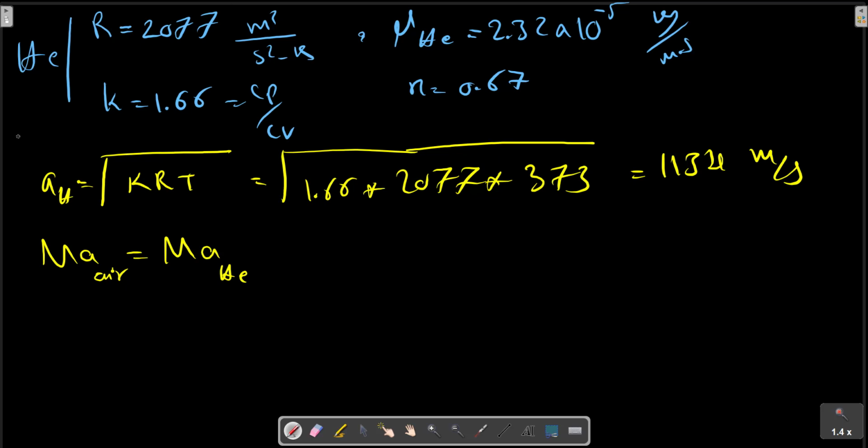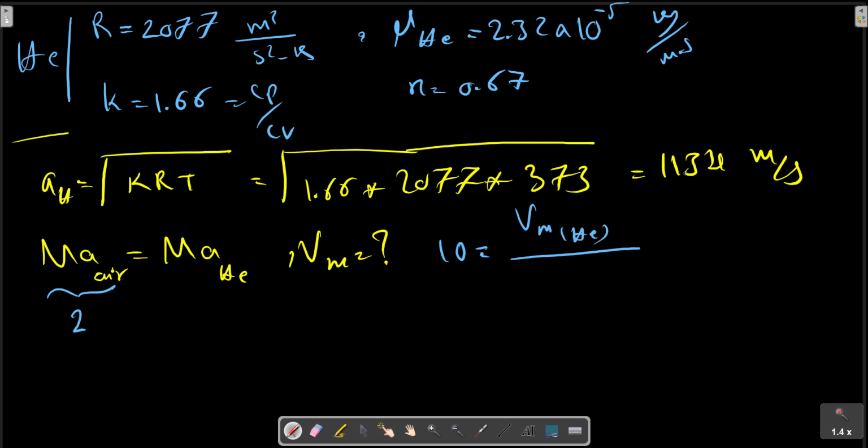To obtain the velocity of the model Vm, which was one of our unknowns, we have the Mach number for the problem, which was 2 at 10 kilometers altitude. We can make an equality with Vm, which is the helium, on the velocity of sound in the helium, which was calculated 1134.